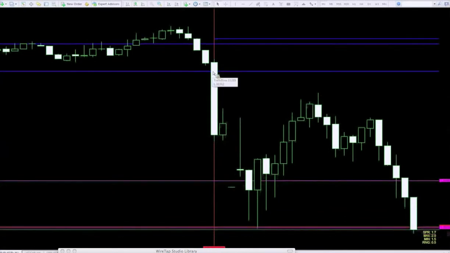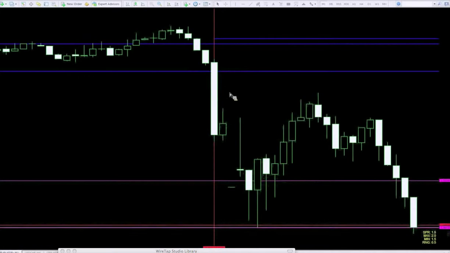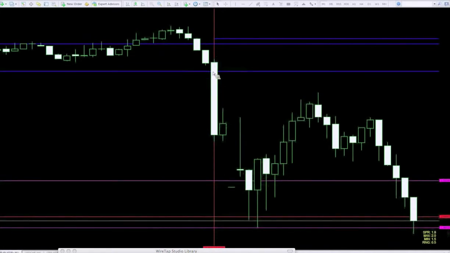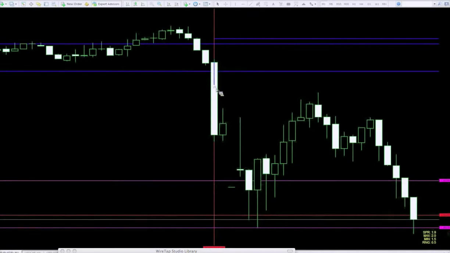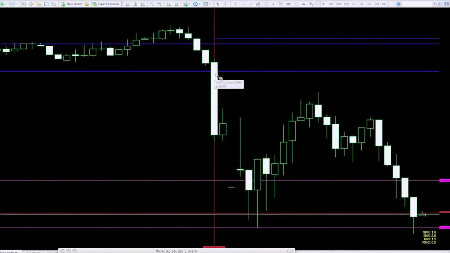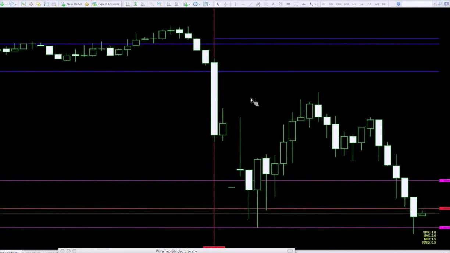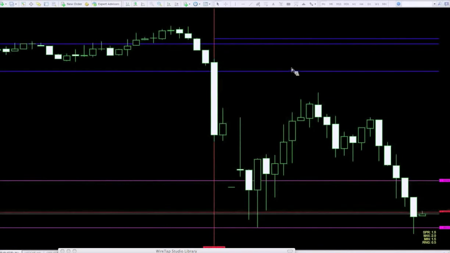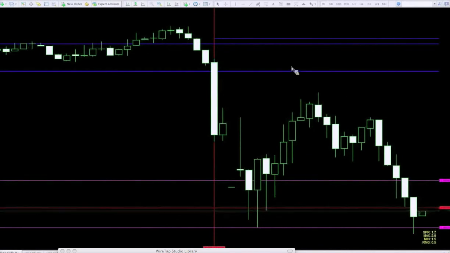All right, so what I'm looking for on the lower time frame is an entry below this crosshair right here. And let me see if I can just put another line up here. Oh, okay, there we go. But does everyone see this? Is this clear enough? I'm on a lower time frame. I want to take the same trade, but I would like to take that trade with a much, much smaller risk.